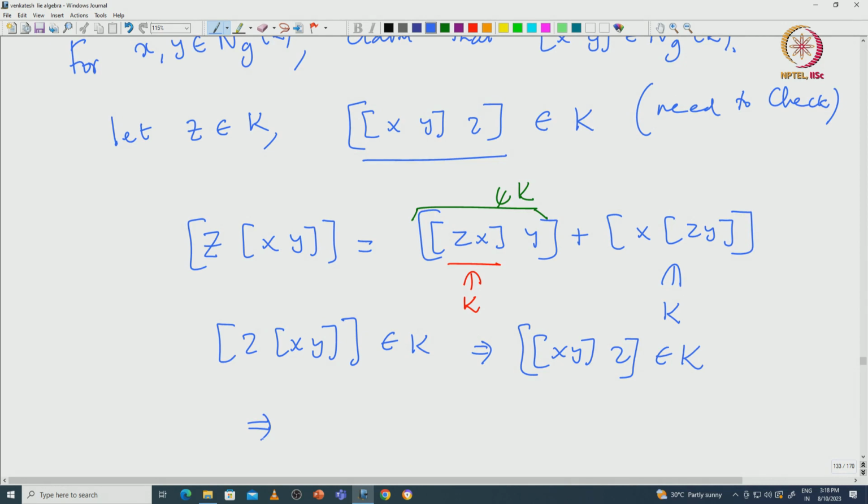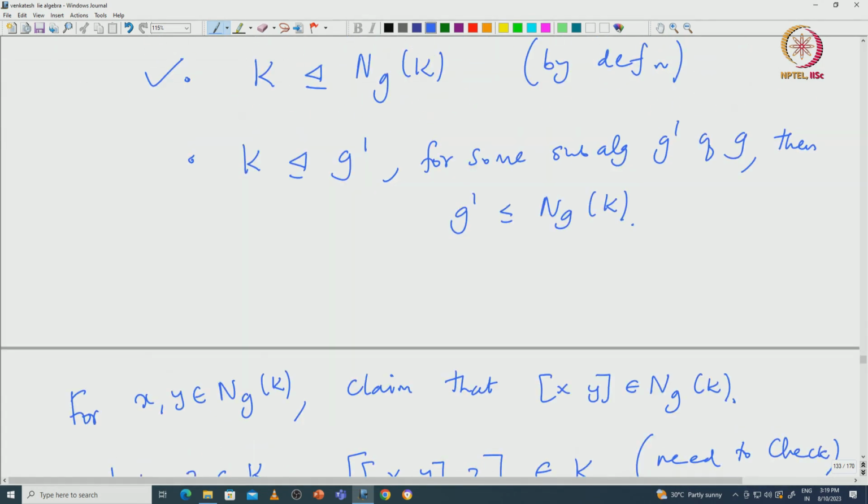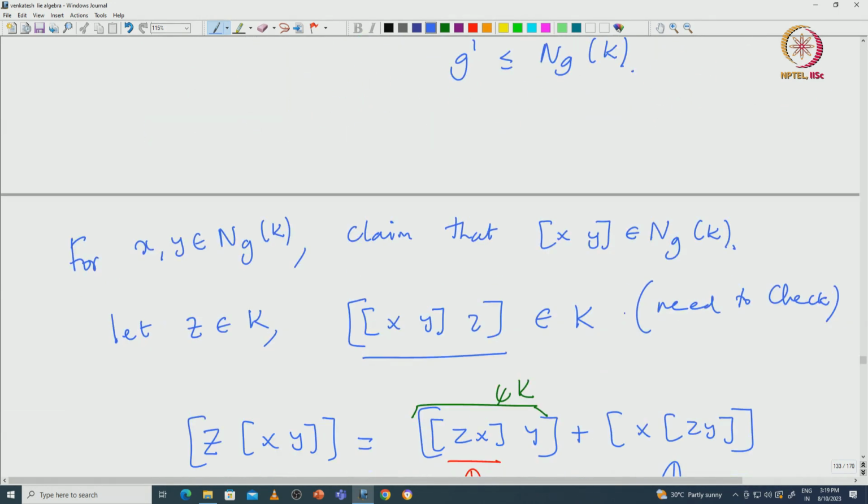So, that proves the bracket [x, y] will always be an element of N_G of K. So, that means N_G of K is a subalgebra of G. Okay. So, this is just an easy consequence of the Jacobi identity, nothing more.